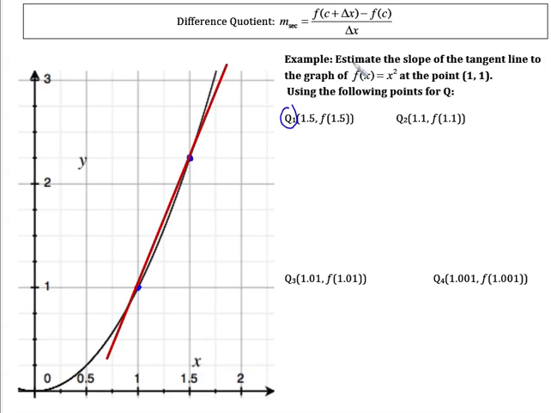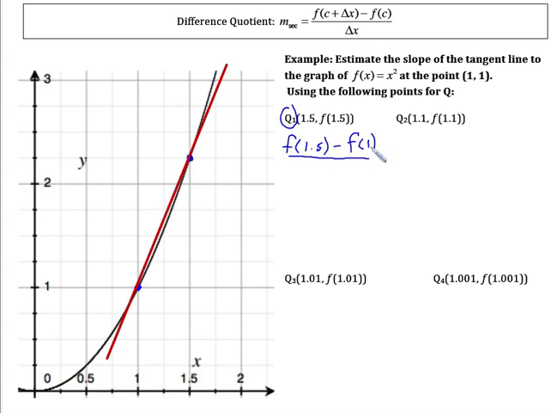So to do this, we're going to use our difference quotient. So it's going to be f of c plus delta x. Well, q is already c plus delta x. So we're just going to start off by going f of 1.5 and then minus f of c. Well, c is over here at 1, comma 1. So we'll just call that f of 1.